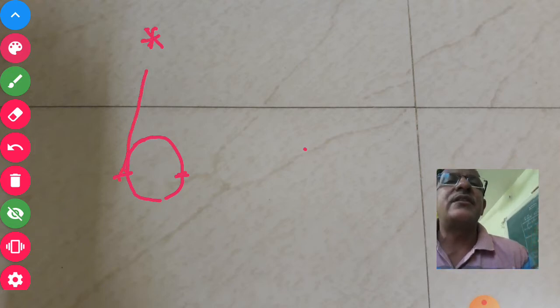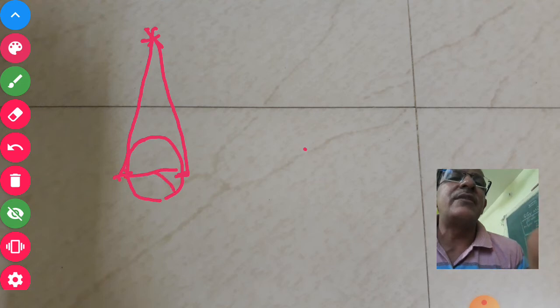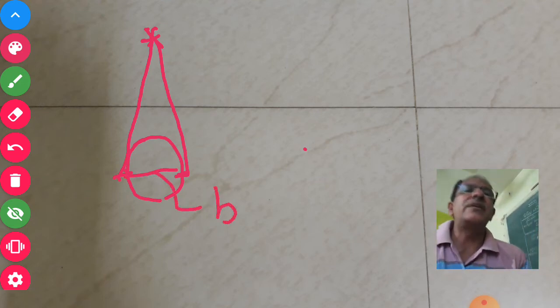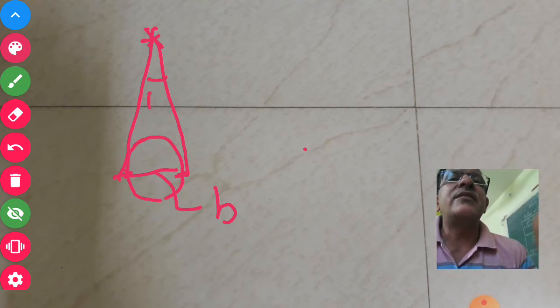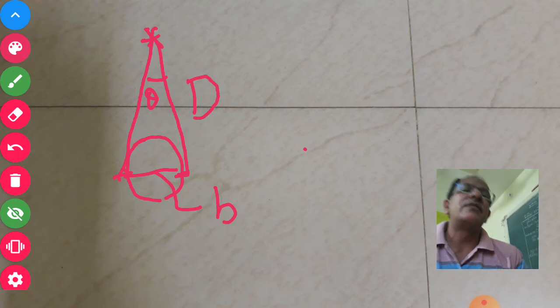Say for example, this is the Earth and these are the two diametrically opposite points. The Moon is somewhere here, and if it is seen like this, then these are the two diametrically opposite points on the Earth, denoted by b. This angle is given to us, say theta, and d we want to calculate.